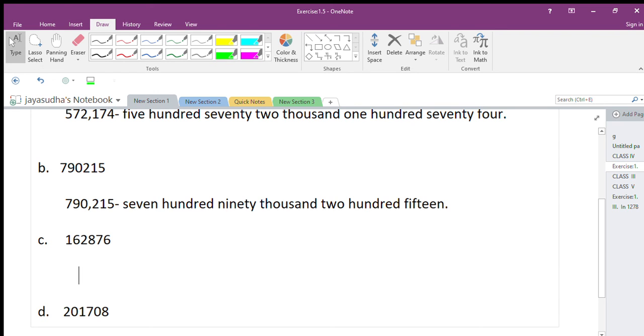First you write the number as it is, 162,876. Now you put your commas according to the international place value system. Put one comma here. Now you write the number name. How do you read this number? 162. What period is this?